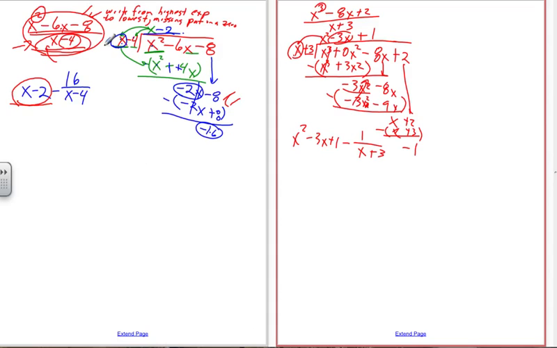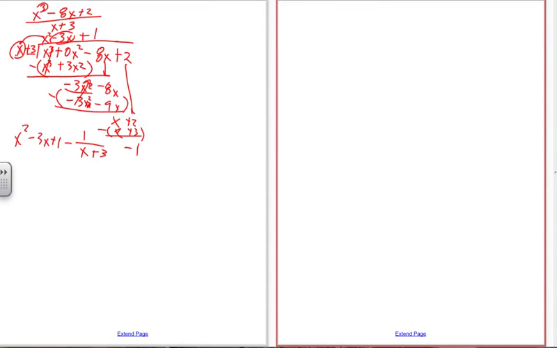Okay, so now let's do this with synthetic. Same problem, but using synthetic. So I take this number and change its sign. And I pick up my coefficients. 1. I do not have an x squared term, so I put a 0.